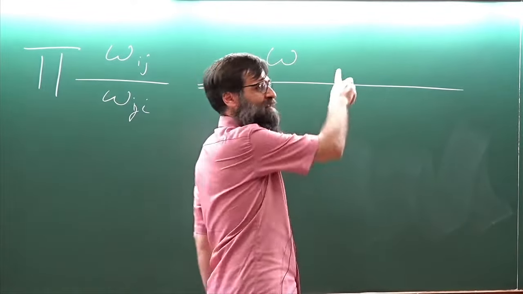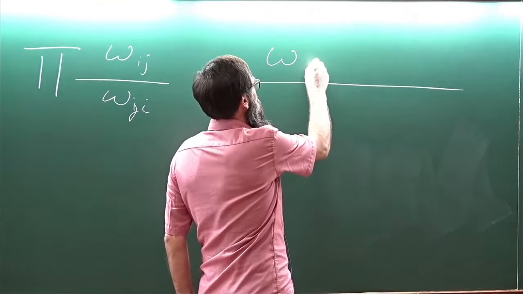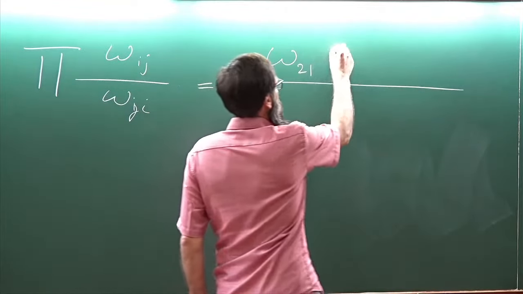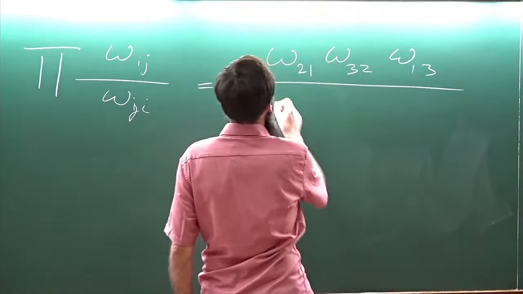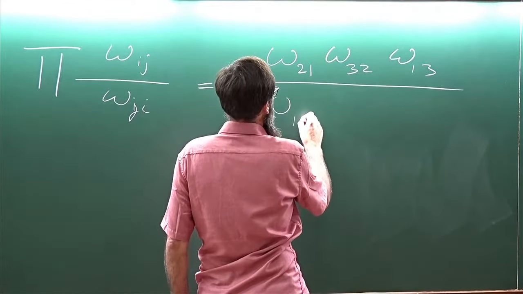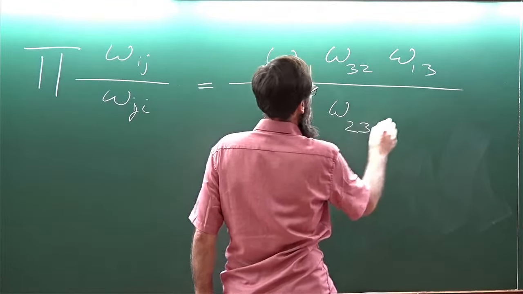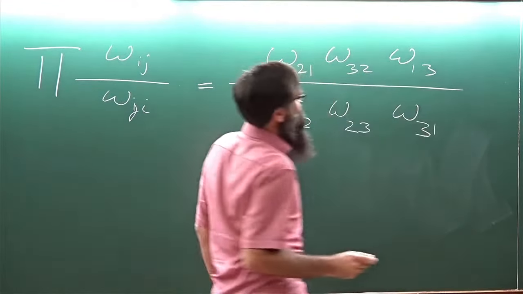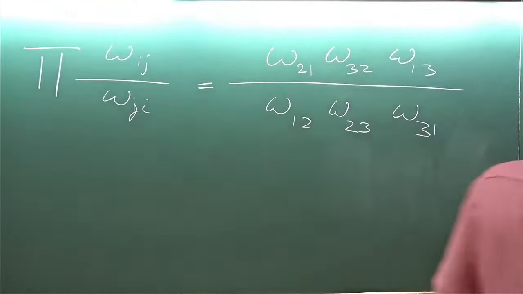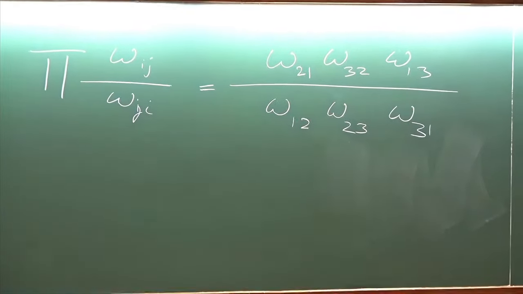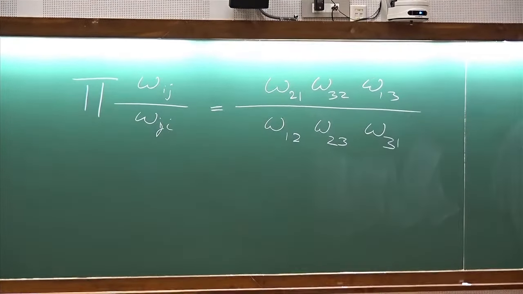What are the 3 terms I have here? Omega 1,2, omega 2,3, and omega 3,1. And then here we have omega 2,1, omega 3,2, and omega 1,3. And now we have to insert these things from over there. Let me check. I think I need to sort the terms in some way so that this looks reasonably nice.